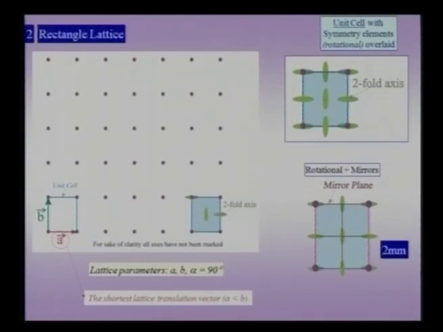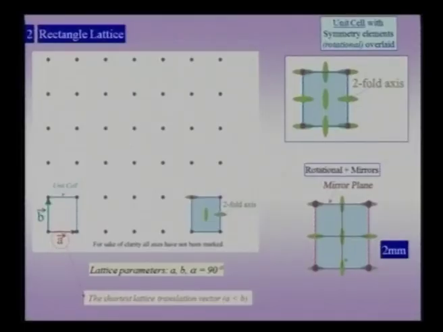And as I have told you before, for the sake of clarity, I am not drawing all the symmetry operators on the entire lattice, but once you obtain a unit cell, then that unit cell is translated to get the entire lattice with all the symmetry operators overlaid on the lattice.